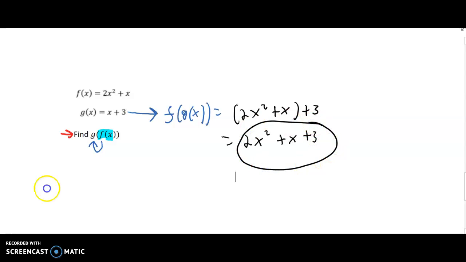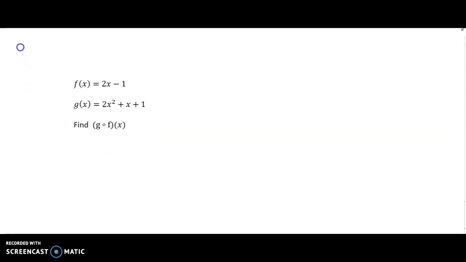Let's try another one. Okay, we have another set of functions. This notation down here is the same as saying g of f of x, and notice how they go in the same order. So don't let this notation trip you up. It just means the same thing. This time we want to put f into g.